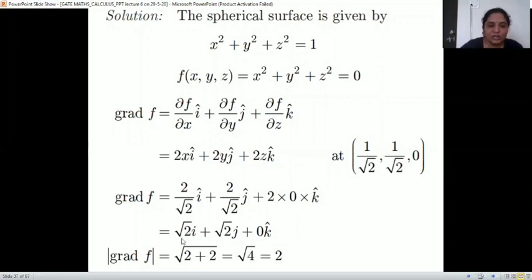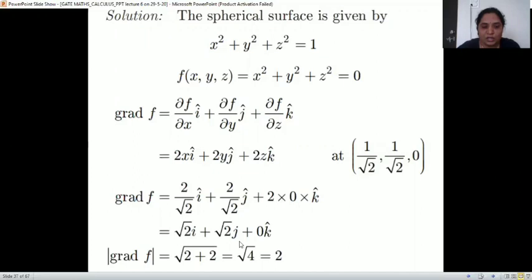What is del f? We are getting this term. But as we are asked for the unit outward normal, suppose we have a vector a bar and we have to find the unit normal vector, then it is a cap. Its definition is a cap is a bar upon mod a bar.